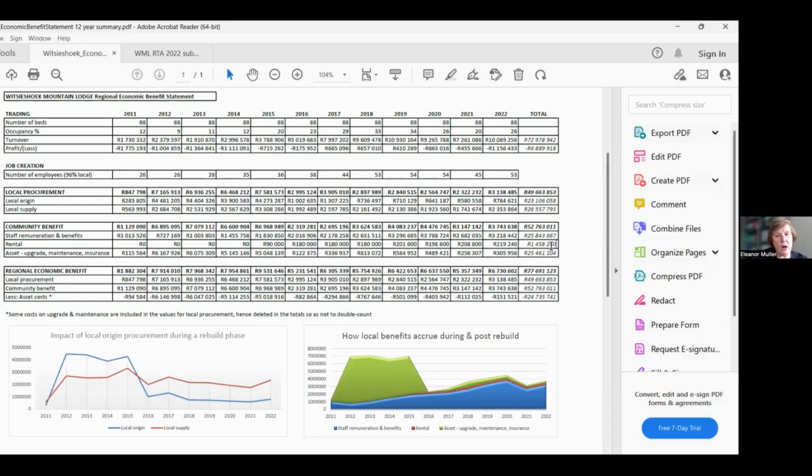And when you look at the graphs at the bottom, this is the exact data that we provided that resulted in us winning the World Responsible Tourism Award, the overall award this year.